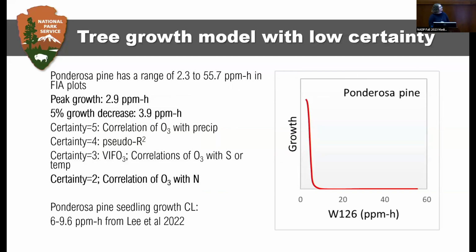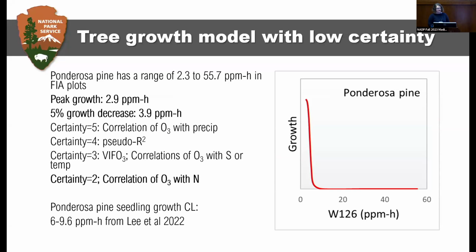We can also look at one of our models of a tree that has low certainty, and that's ponderosa pine. It's one of the most abundant species in the West. It grows over a wide range of ozone W126, but there's a very strong correlation between ozone and nitrogen when you look at where these plots of ponderosa pine are.